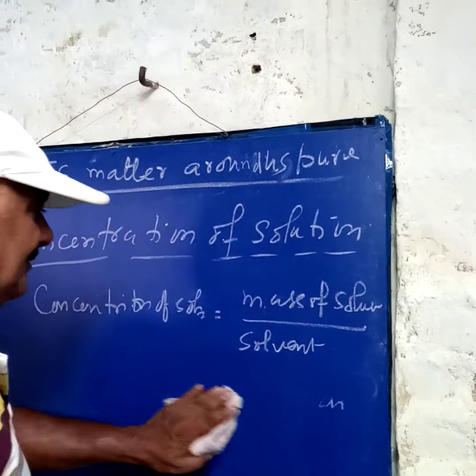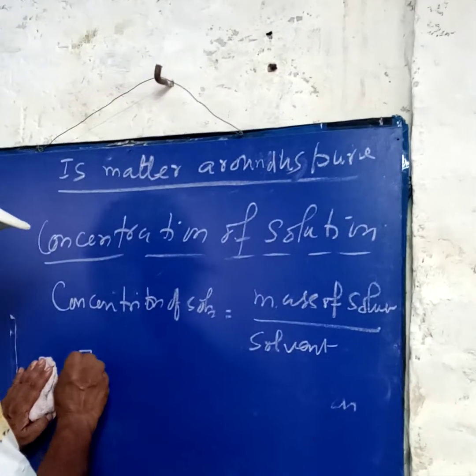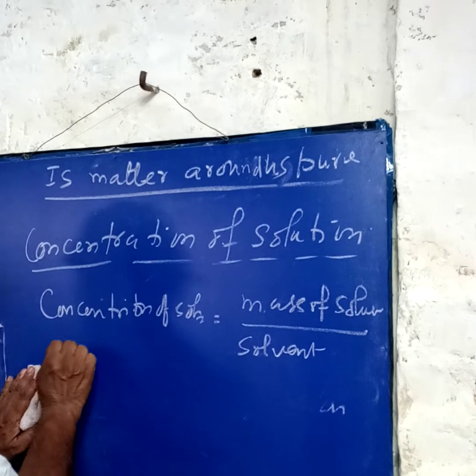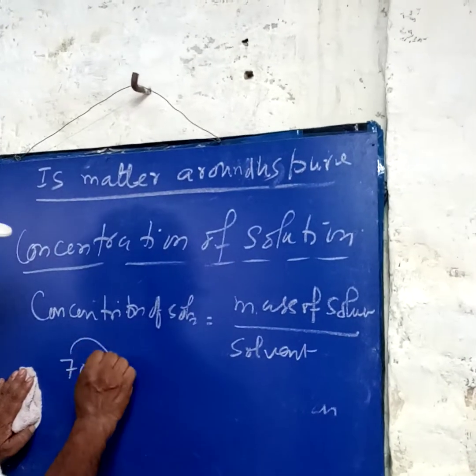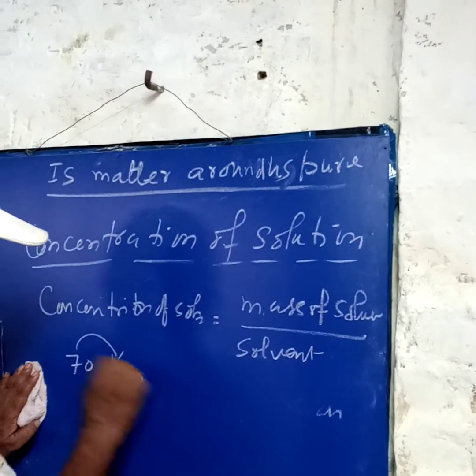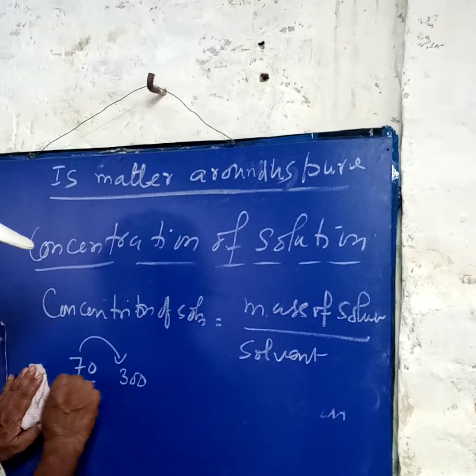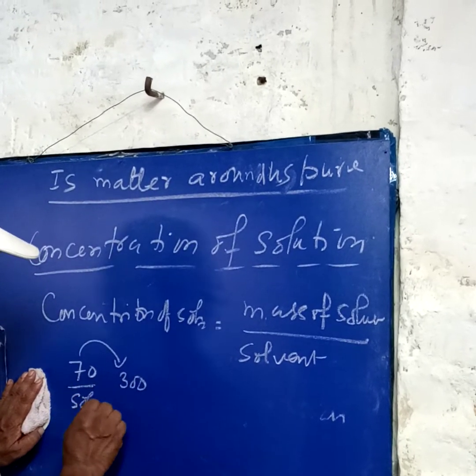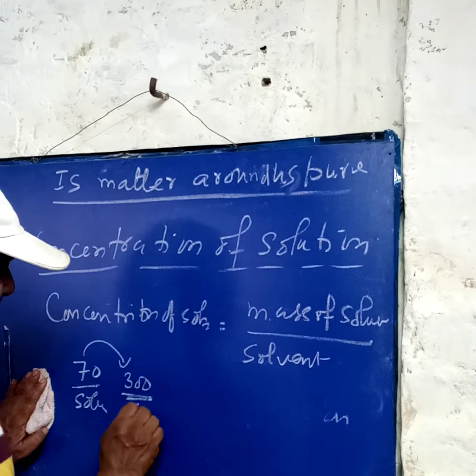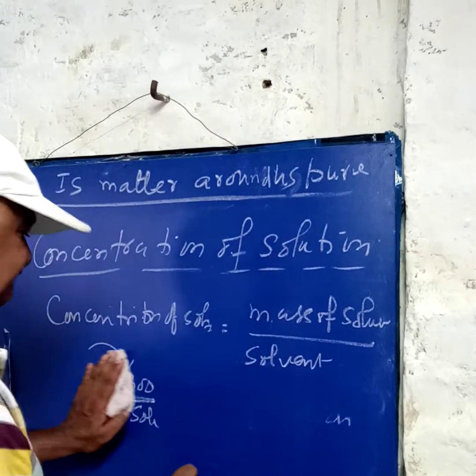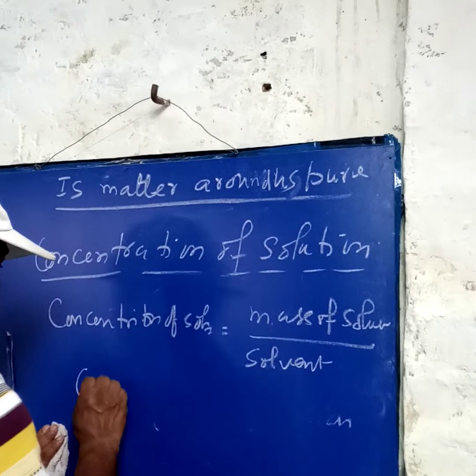How much solute has been given? 70 gram of solute, because we are given 70 gram of sugar mixed in 300 gram of water. So 70 gram is the solute and water is the solvent.